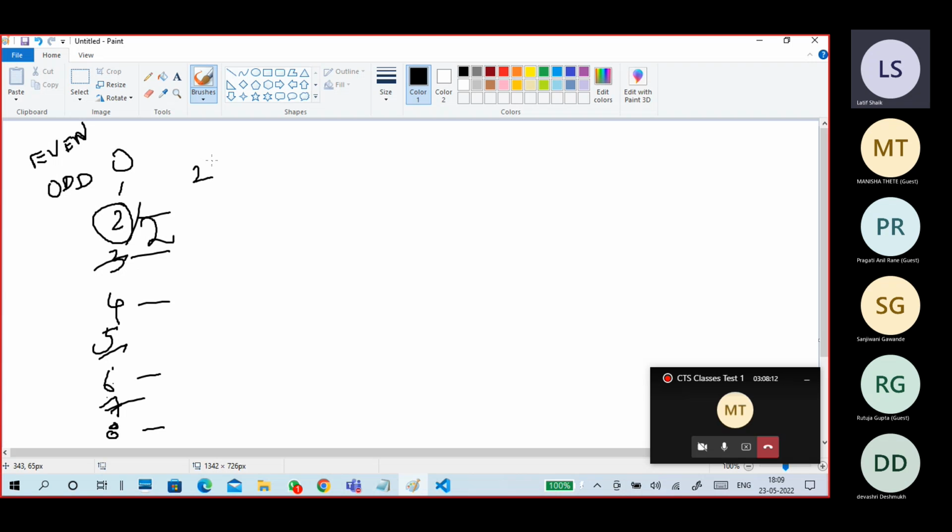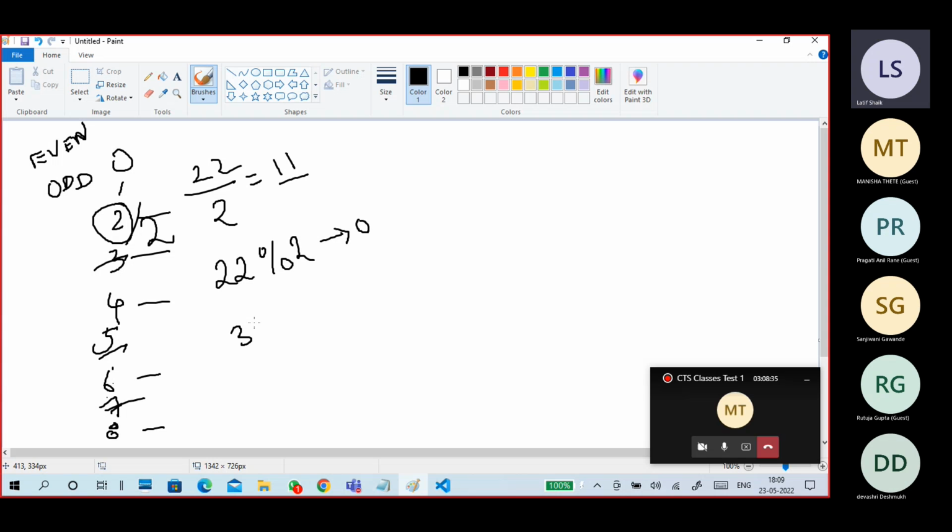If you divide any even number by 2, you'll get an answer with no extra digits, and the important thing is the remainder is 0.